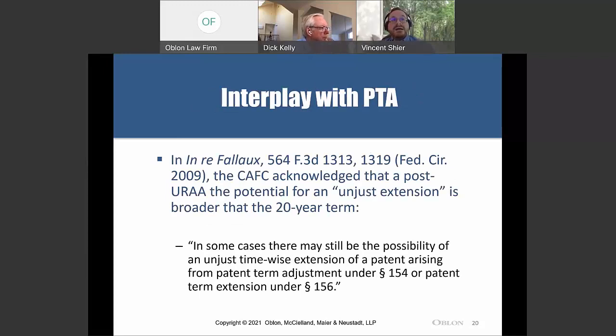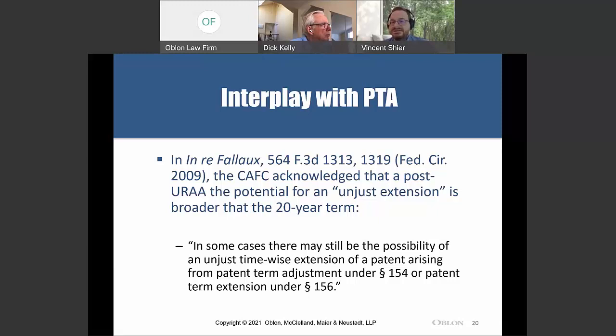Well, in 2009, the Fallow case arose out of the patent office, and the Federal Circuit acknowledged that even post-URAA, there is potential for an unjust extension, and that there could be scenarios where even that unjust time-wise extension would arise from patent term adjustment or patent term extension.